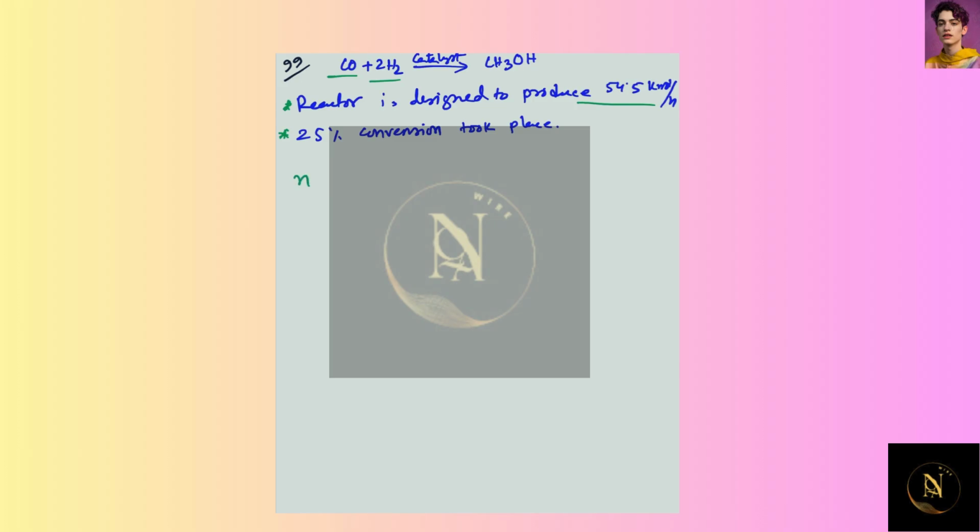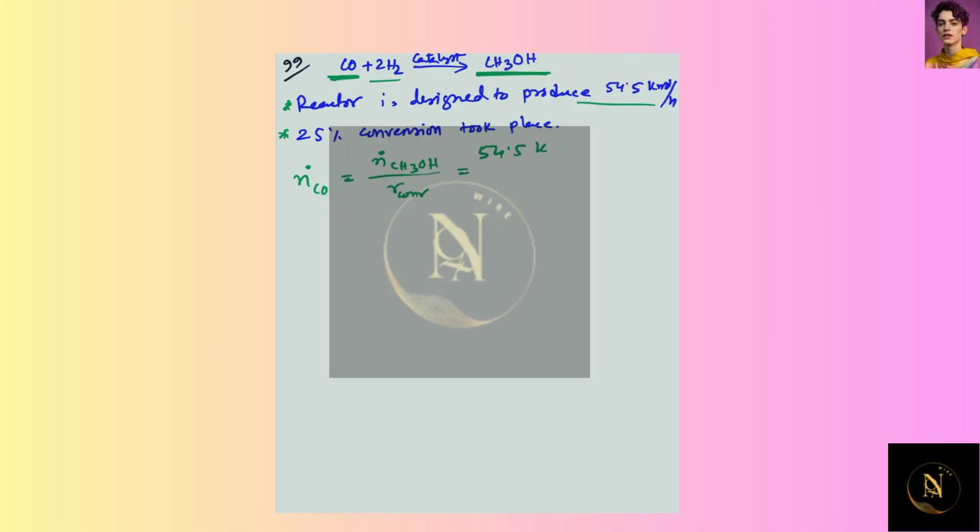Therefore, the amount of carbon monoxide that must be fed to the reactor is the number of moles of methanol divided by the conversion factor. The reason behind this is because 1 mole of carbon monoxide is producing 1 mole of methanol. Therefore, the stoichiometric ratios are the same, so the number of moles will be the same.